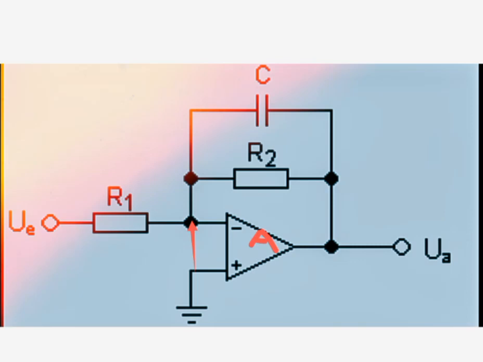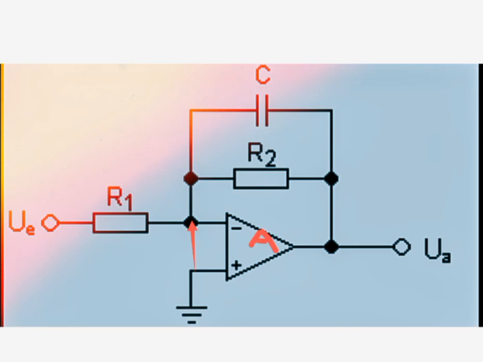In that case you only have resistors R1 and R2 in the circuit, and you have to think about what the output would be. With the capacitor acting open, we have negative feedback of the op-amp, and the voltage at the negative pin is 0 volts.